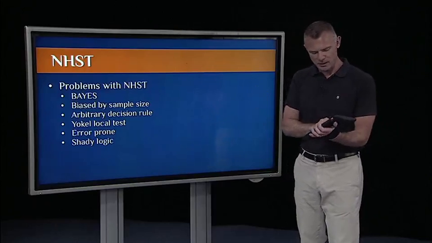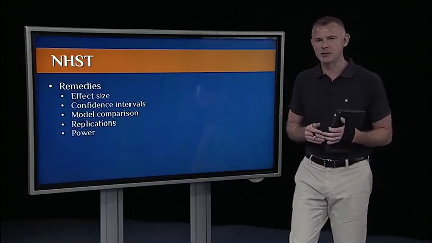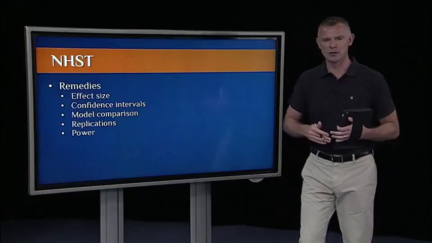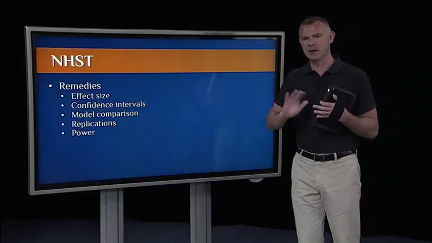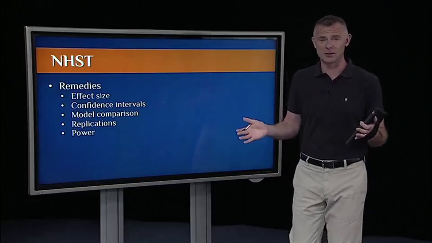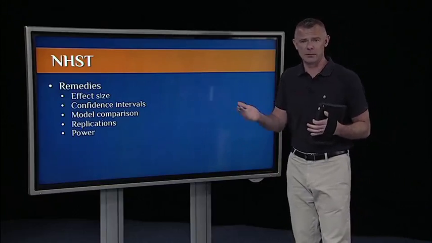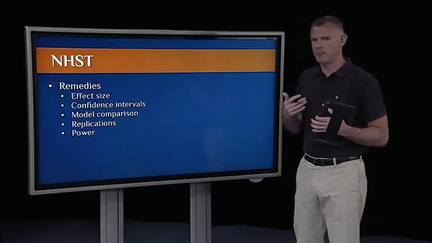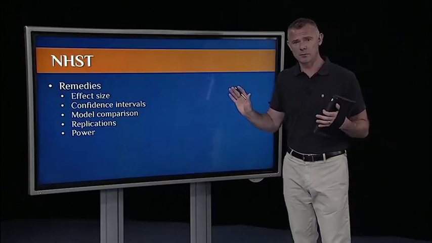So should you abandon it altogether? Well, some people say, yeah, you shouldn't be doing NHST. Maybe you should be doing Bayesian inference or just doing something else completely, like non-parametric statistics, resampling methods, for example. My preference is just to be aware of those problems.